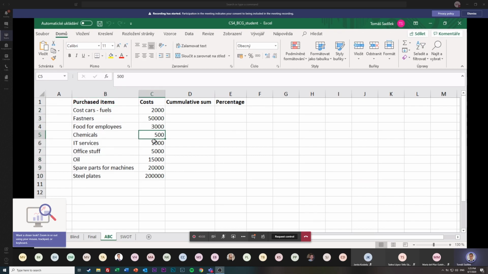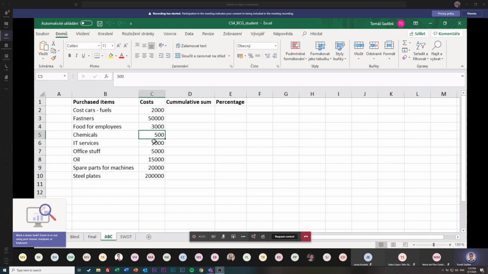The items could be: fuel for cars, fasteners, food for employees, some chemicals, IT services, office staff, oil for some machines, spare parts for machines, and steel plates. Our task is to do the ABC analysis for these items.